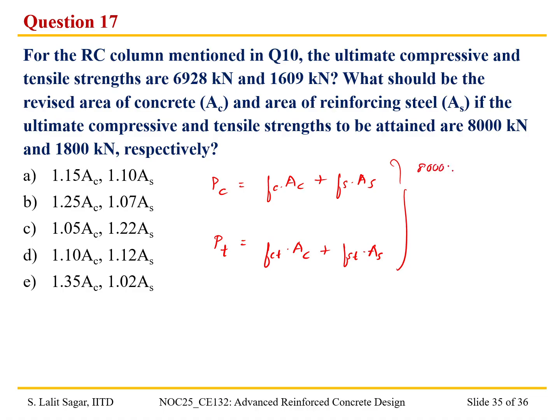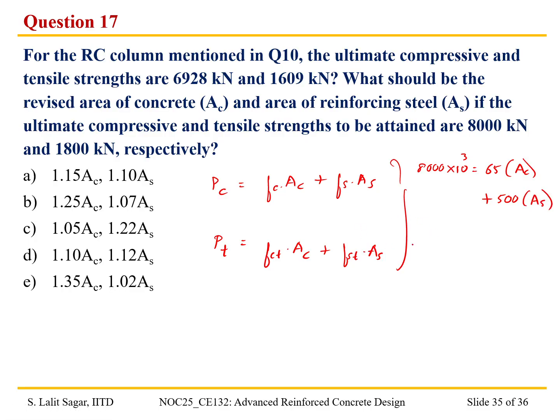8,000 into 10 to the power 3 is equal to, okay, we are dealing with the peak strength, so the peak strength is 65 into AC plus, yeah, that is 500 into AS, right?